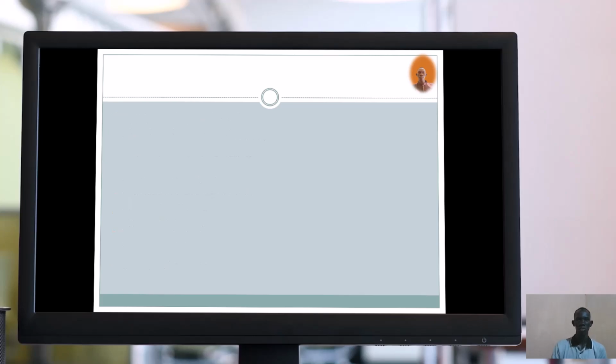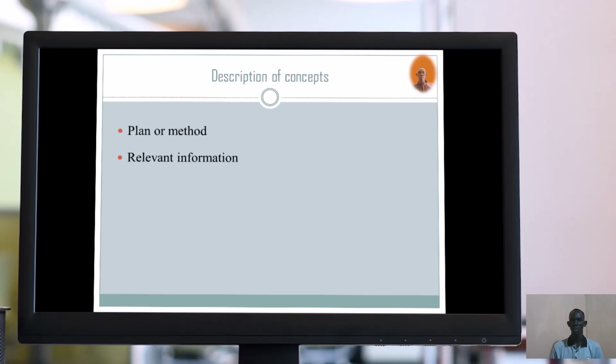Looking at our first, which is a description of the concept, let me say a search strategy is a plan or a method which is used to find information. You will not be searching for any information anyhow, but you search for relevant information.